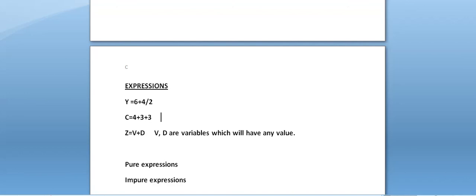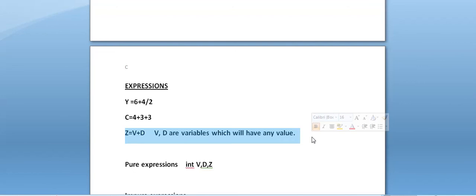For example, if I have used int v, d, z, in this expression v, d, z are all of type integer. So if all the variables are of the same type, it is a pure expression.